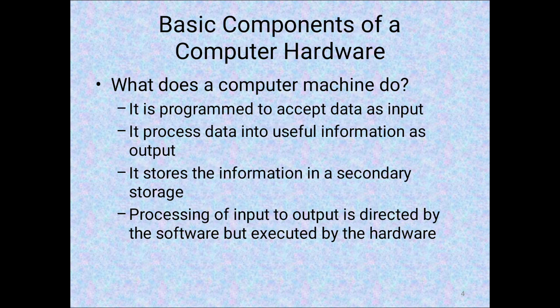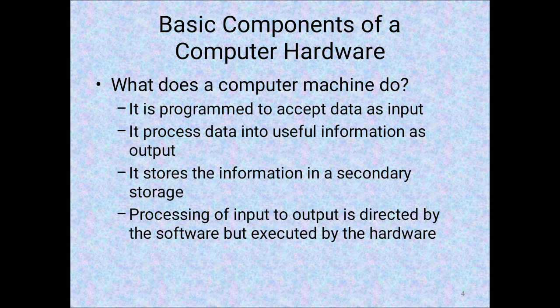Basic components of computer hardware. What does a computer machine do? Definitely, a computer will do some work. It is programmed to accept data as input. It processes data into useful information as output.